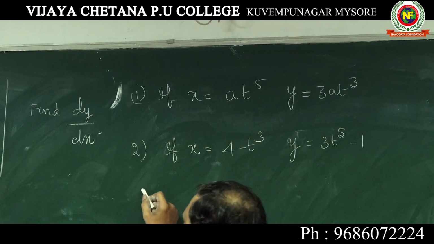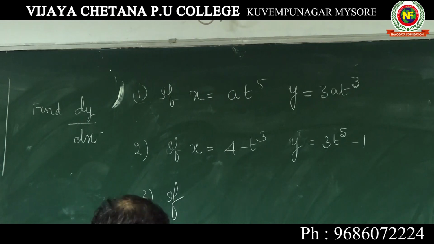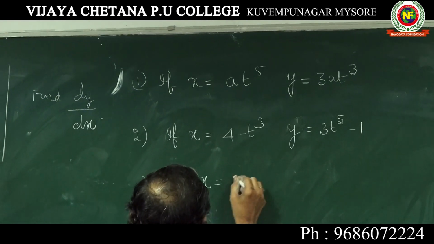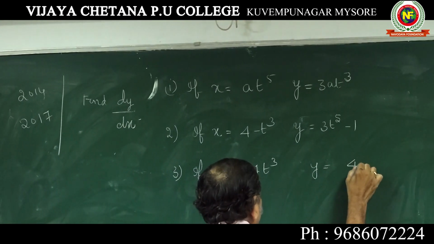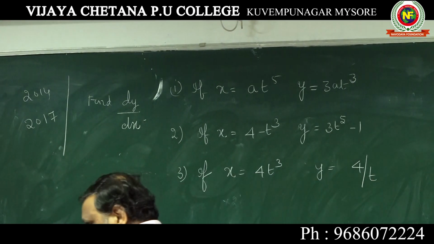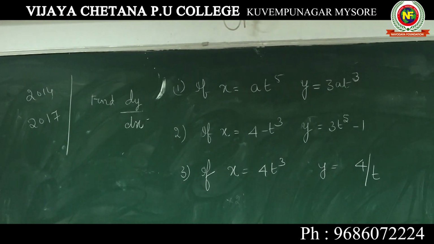Then third one, find dy by dx if x equal to 4t cube, y is equal to 4 by 2. Do these sums and we shall take up the things.